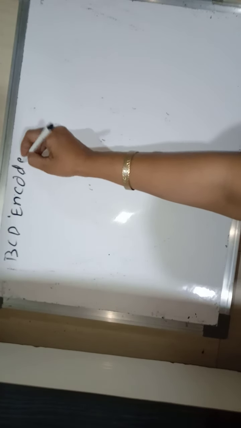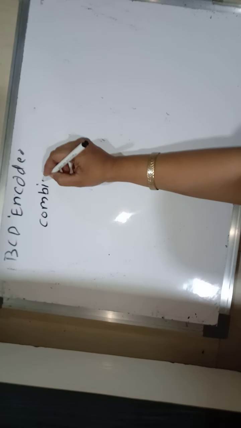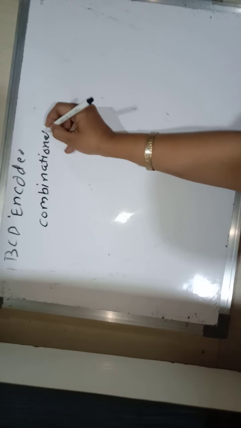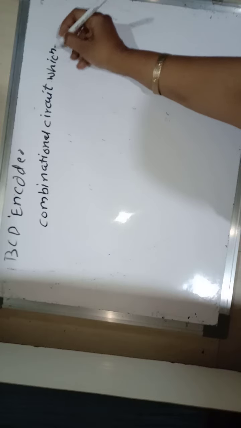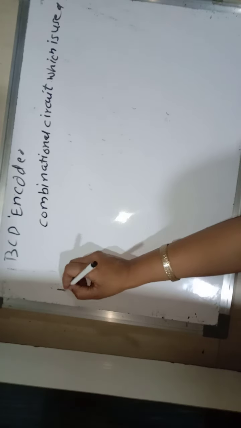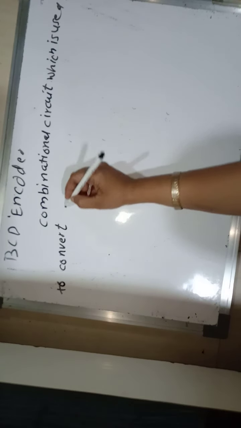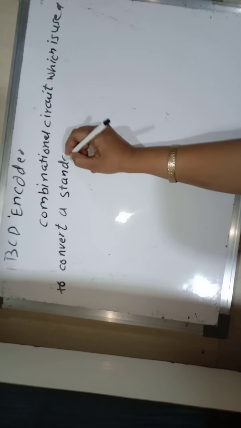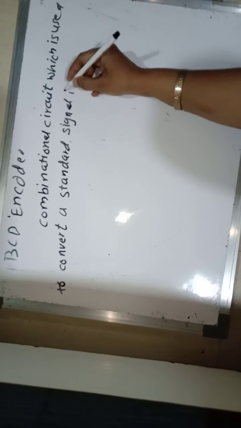The BCD encoder is a combinational circuit which is used to convert a standard signal into a coded signal.